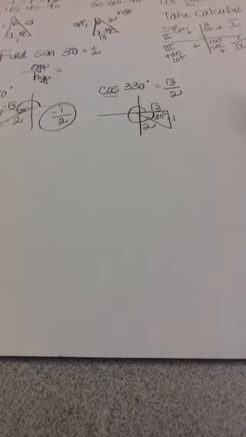And you can do your direction, that would be negative. But all students take calculus. This ends up being in the fourth quadrant, which means cosine is positive in the fourth quadrant, so you don't have to worry about your signs. And cosine is adjacent, which is square root of 3, over hypotenuse, and your cosine of 330 is square root of 3 over 2.